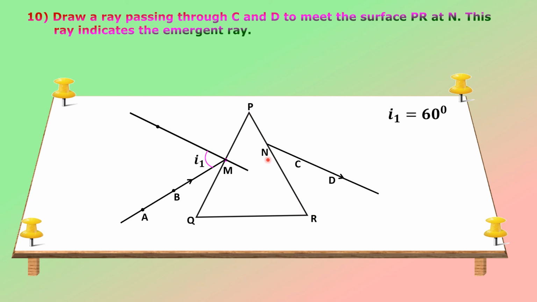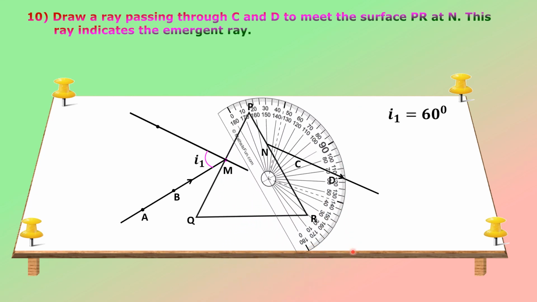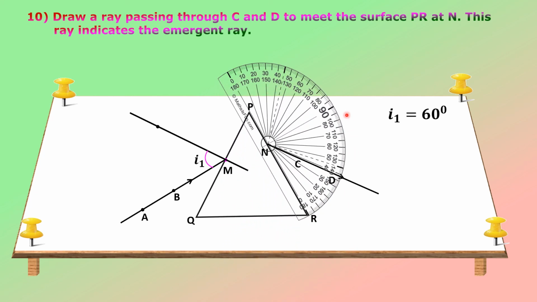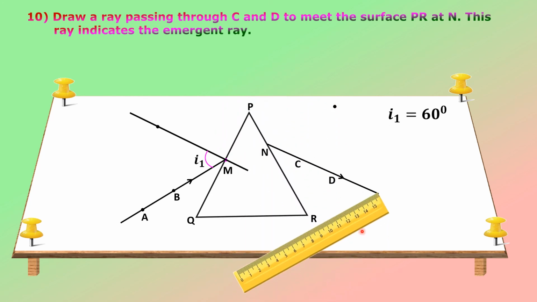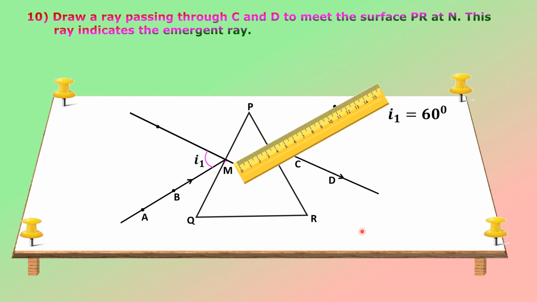Okay, now we have to draw the normal. Draw a normal at point N. Here is 90 degrees. Draw the normal there.